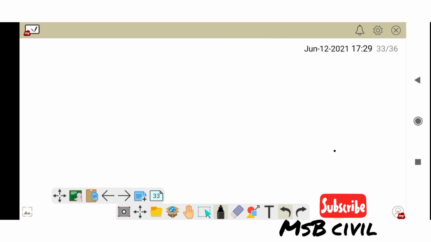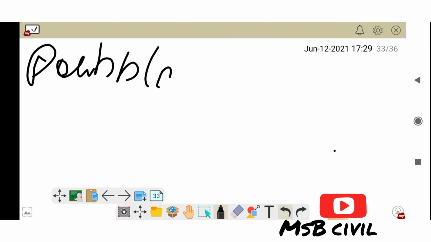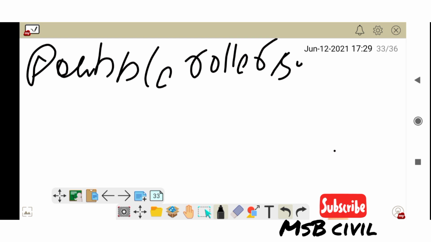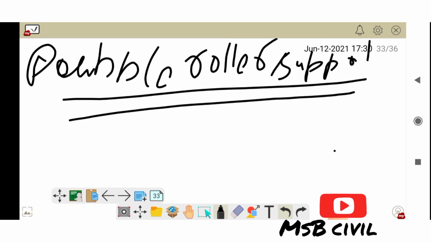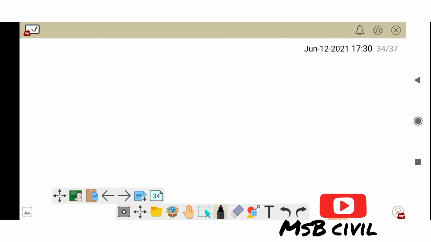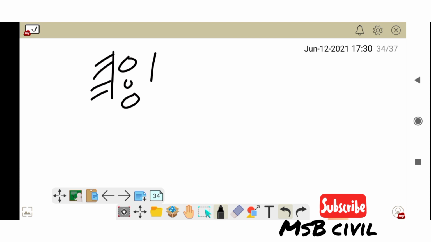Now let's study double roller support. The figure depicts it like this.